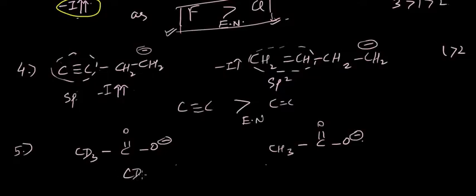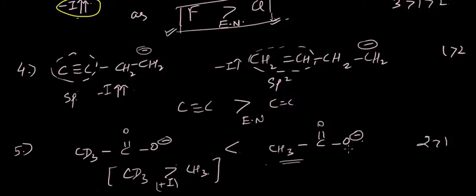Obviously CD3 will have more plus I effect than CH3, because it has one neutron more than the hydrogen atom, hence it will show more plus I effect, hence the stability of this compound would be more than the stability of this.